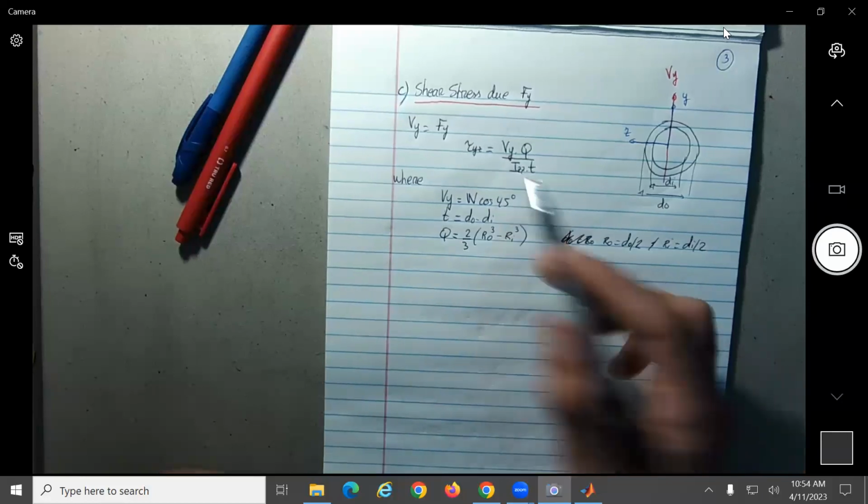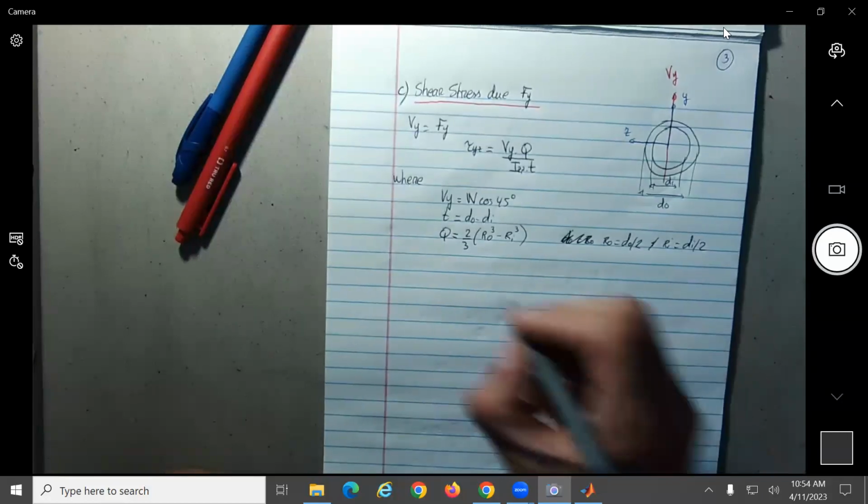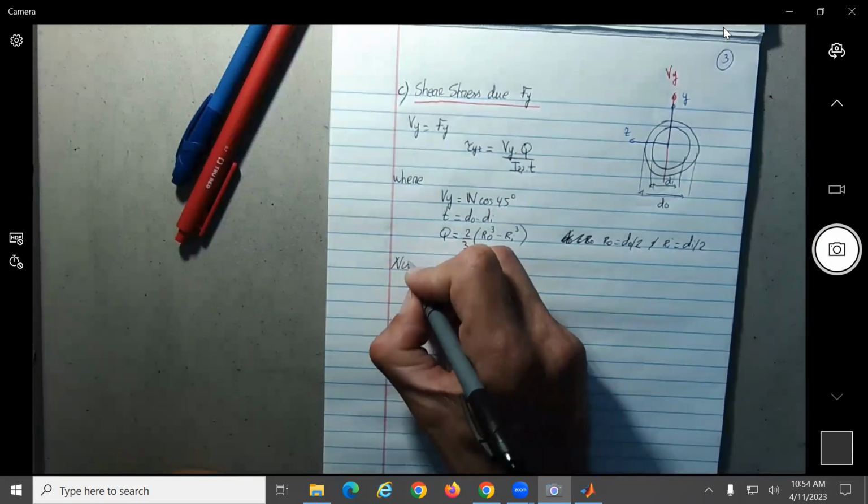So Vy, you know what it is. Izz, we calculated. So you do this calculation. So numerical application.